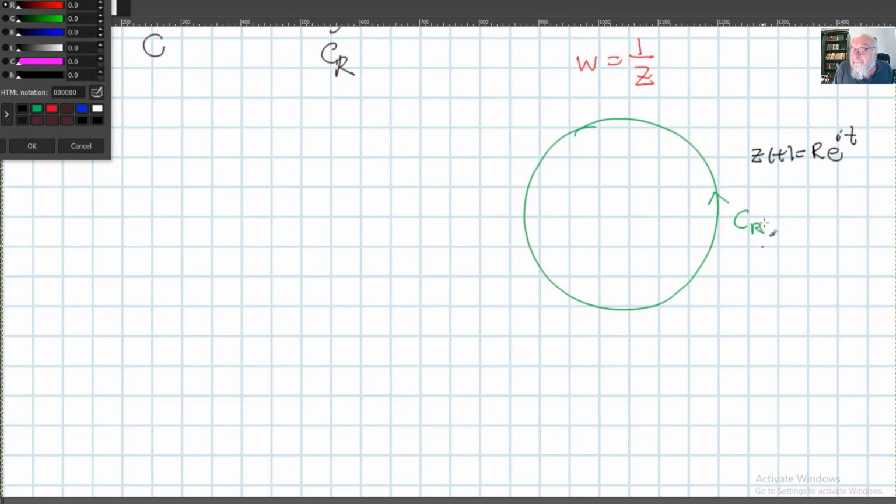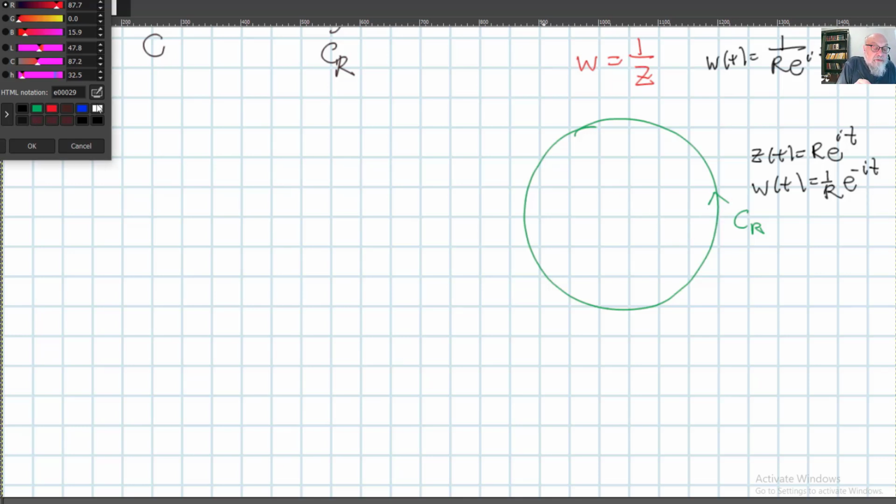So what will be w? w of t will be equal to 1 over R e to the minus i t. You just simply remember that. That's the parameterization.